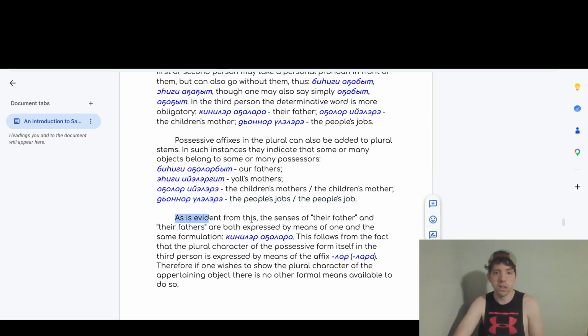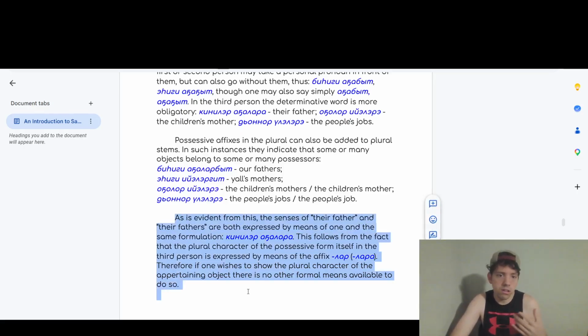As is evident from this, the senses of their father and their fathers are both expressed by means of one and the same formulation, which is what I just said. Kiniler agalara. This follows from the fact that the plural character of the possessive form itself in the third person is expressed by means of the suffix lar and lara. Therefore, if one wishes to show the plural character of the appertaining object, there's no other formal means available to do so.